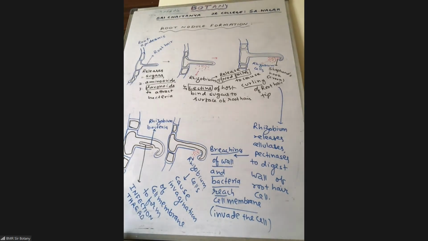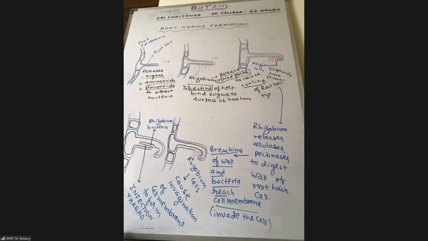Nod factor and cell wall digesting enzymes are by bacteria. Sugars, amino acids, flavonoids, lectins are from the host. All that is for attracting bacteria, making them reach the root hair surface. So important is what has come from the host root and what was in turn released by bacteria.